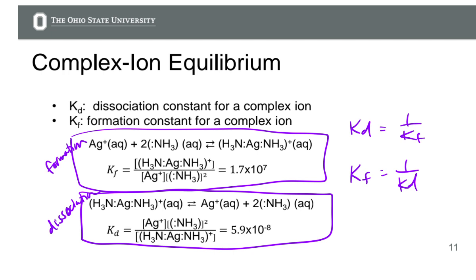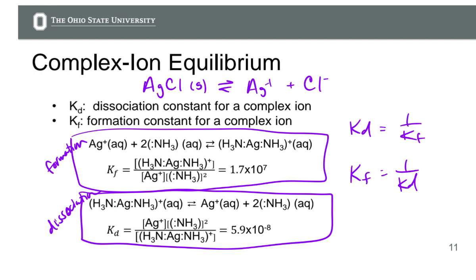Really what we're going to see, one of the main takeaways, is that if we have a slightly soluble salt, like AgCl, we put it in solution, we form the silver ion and the chloride ion.